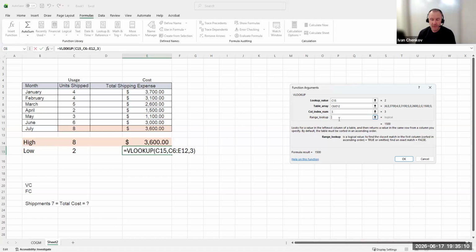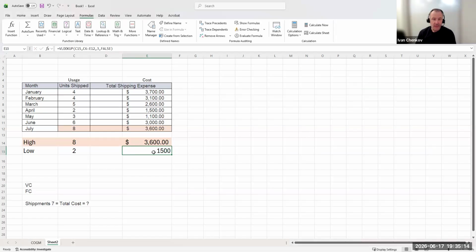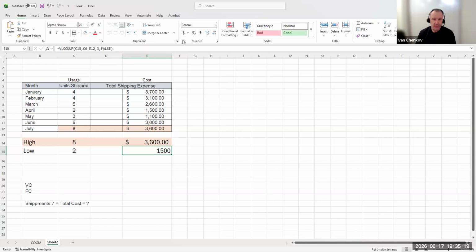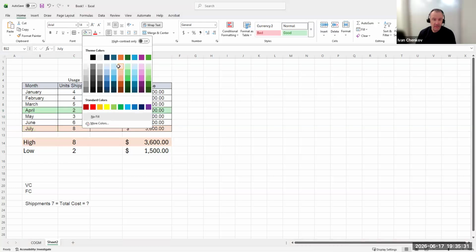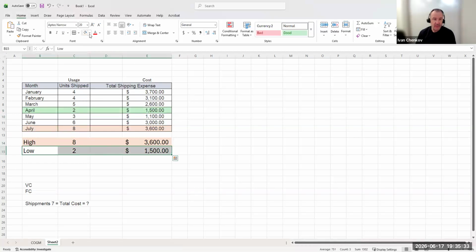The third column, otherwise it will be false. And I'm getting the 1,500. Now I can check: is the 1,500 the cost of the lowest level? Yes, it is. So I can highlight that one in green, and this one will be in this color. So I have my highest and lowest.